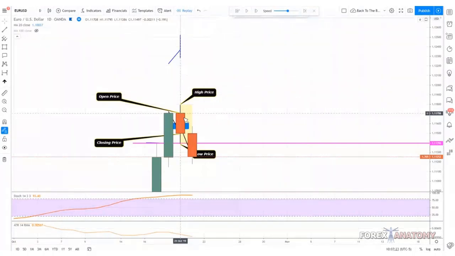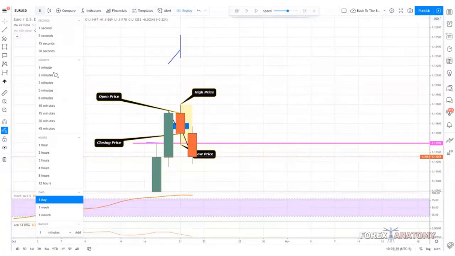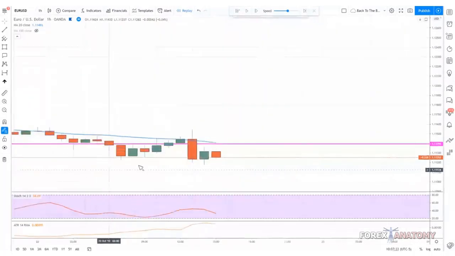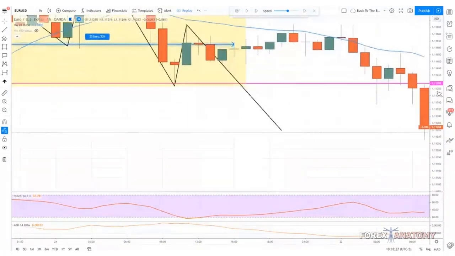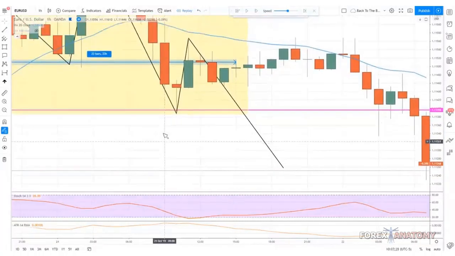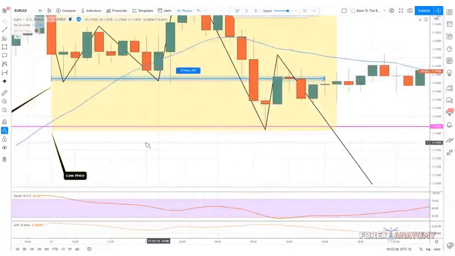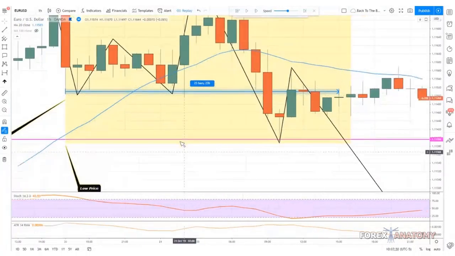But we don't know anything yet because all we got is this data right here. When you drop down to a smaller time frame, you get more details on what's really happening in the market. And as you know, we predicted that the market should go lower, and the market fell lower. We were able to predict that just from the previous day's daily price action.